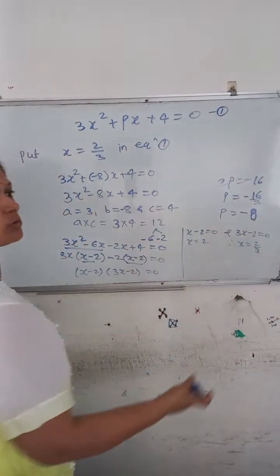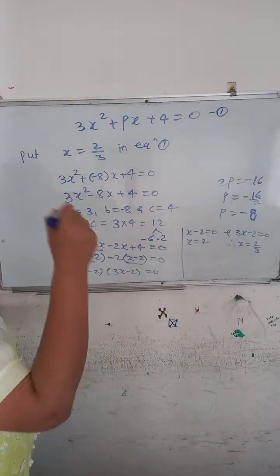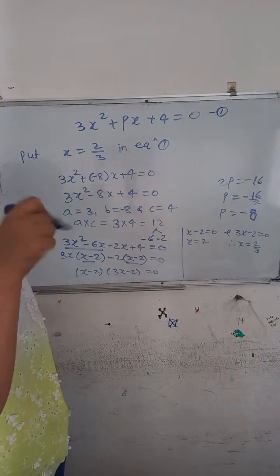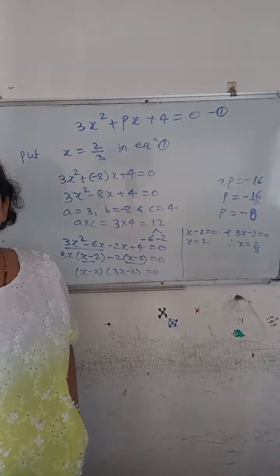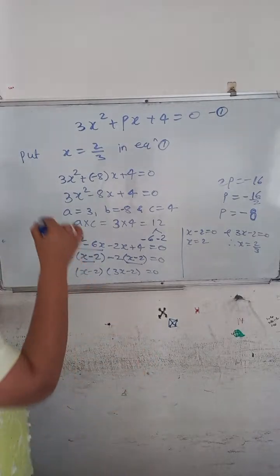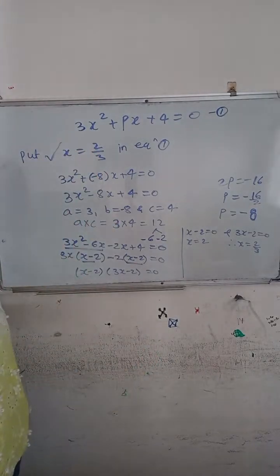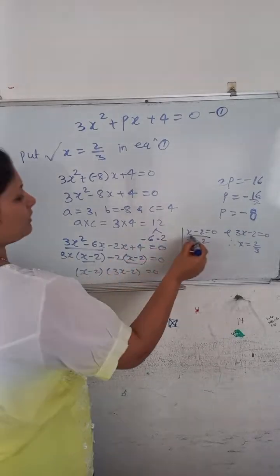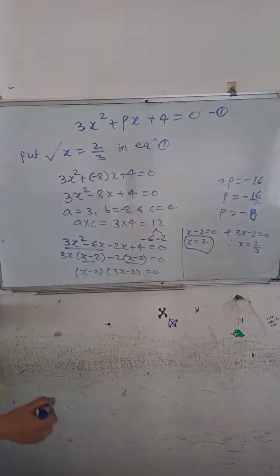When you transpose, 3 is multiplied with x, so it gets divided, and we get 2 by 3. So 2 by 3 is already given to us. The second value is x is equal to 2. Understood?